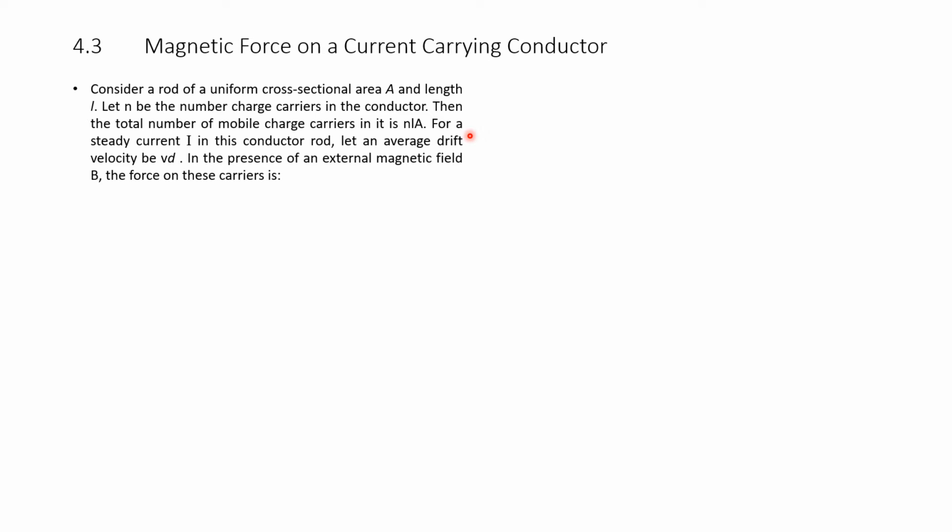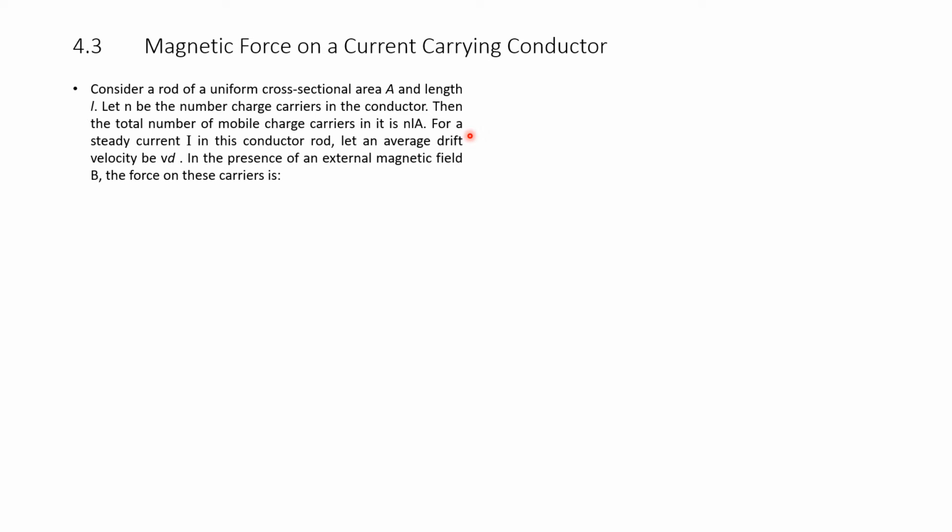Then the total number of mobile carriers, electrons and positive charges, in the conductor is given by n into L into A, where I is the current in the conductor, and average drift velocity is Vd.